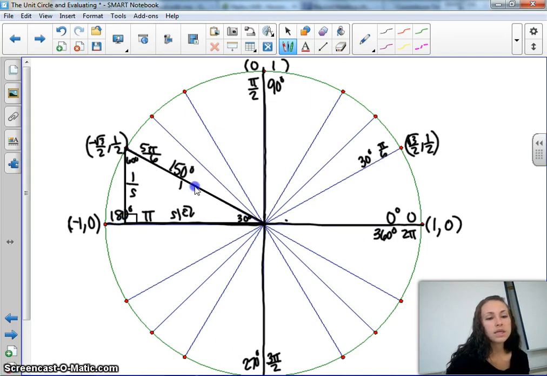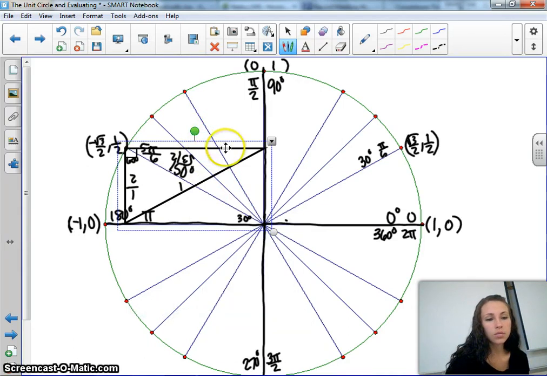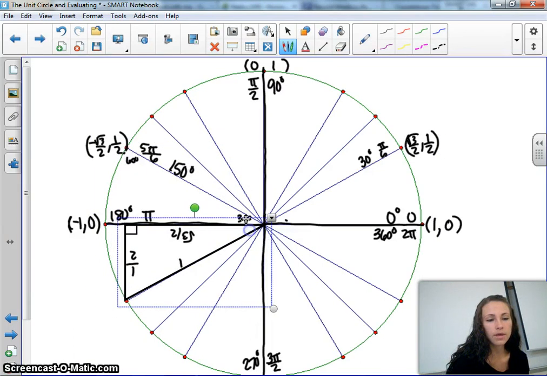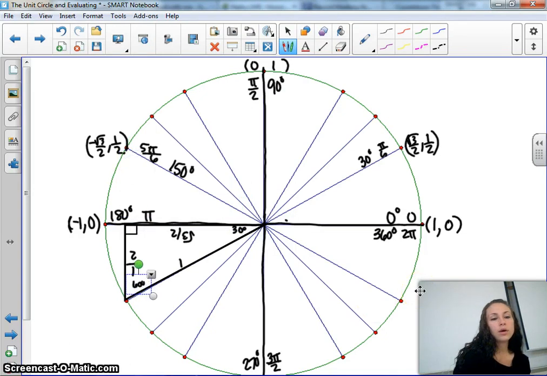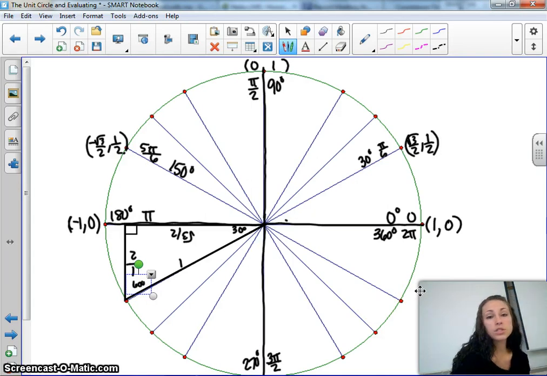Now I'm going to take this exact same triangle, and to get the third quadrant, I'm just going to flip it down. Okay, so when I flip that triangle down and move it down here, it fits in right there. And so my 30 degree is still there. My 60 degree is still there. So now, my angle is going to be 180 plus 30 degrees.